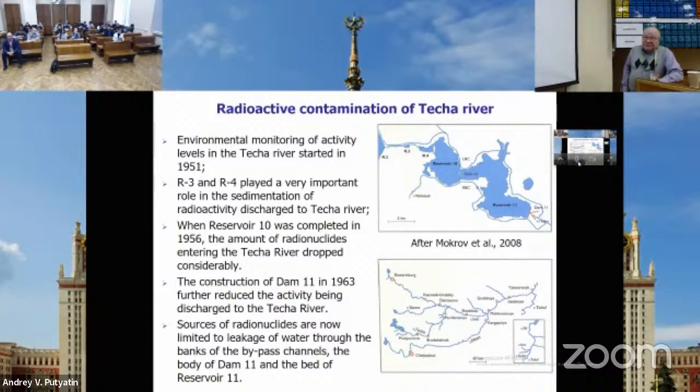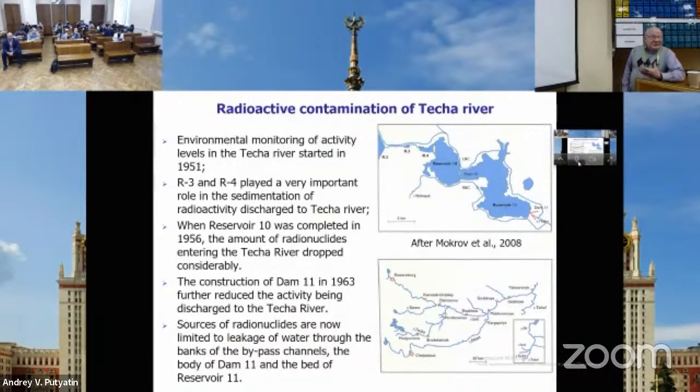However, just 2 years after starting this discharge, people realized that the downstream Techa River is heavily contaminated by radionuclides.